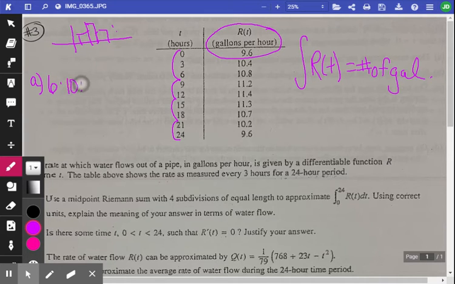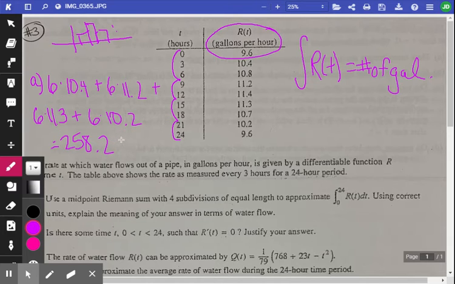So 6 times 10.4, plus 6 times, halfway between 6 and 12 is 9, so 11.2, plus halfway between 12 and 18 is 15, at 11.3, so plus 6 times 11.3, plus between 18 and 24 we have 21, 6 times 10.2. Put that all together, and I get 258.2.